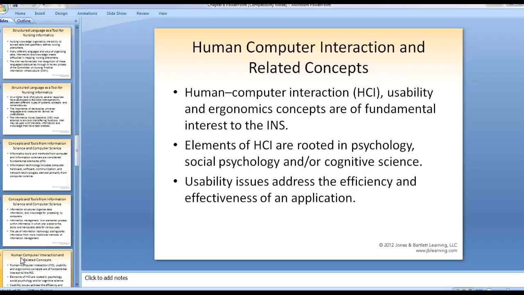Elements of human-computer interaction have to be rooted in psychology, social, physiology, and cognitive science, and it's important. What's the point of making a program to improve health if somebody doesn't use it right and it hurts them in the process? So usability issues address efficiency and effectiveness of an application, because if not, you're not going to go back and use it.